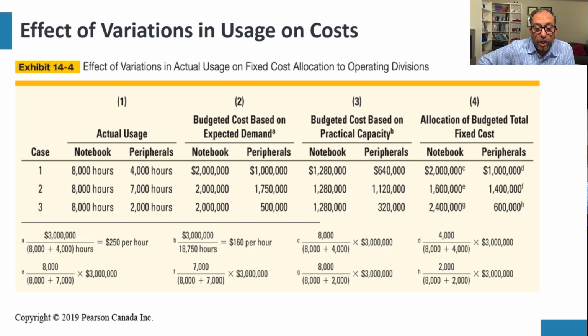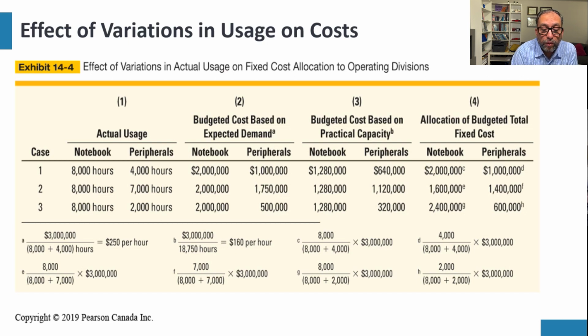And then we take the allocation of budgeted total fixed cost. Now, the fixed cost we distribute in a way that 8,000 is divided by the sum of these two hours, and then we multiply by the total cost of 3 million. So we see here that in case C, 8,000 divided by 12,000 into 3 million gives 2 million and 1 million, very similar to the other one.